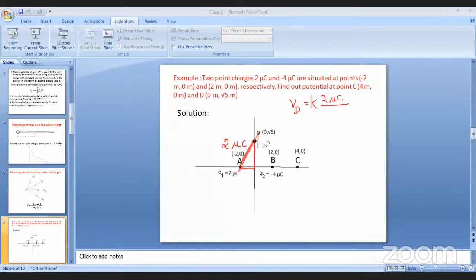This is a right angle triangle, and you only need the distance between this point A and point D. So that will be square root of 2 squared plus root 5 squared.